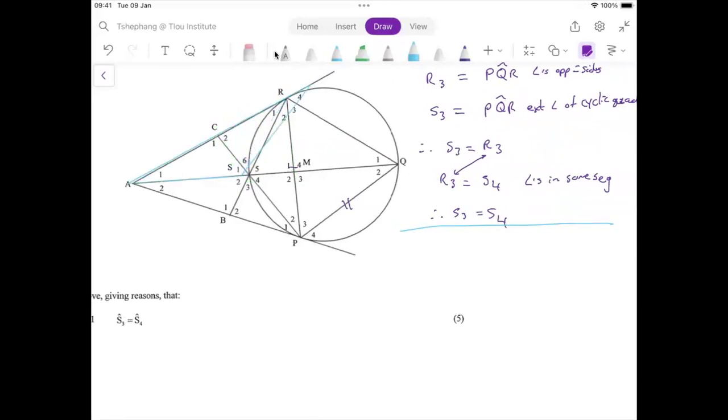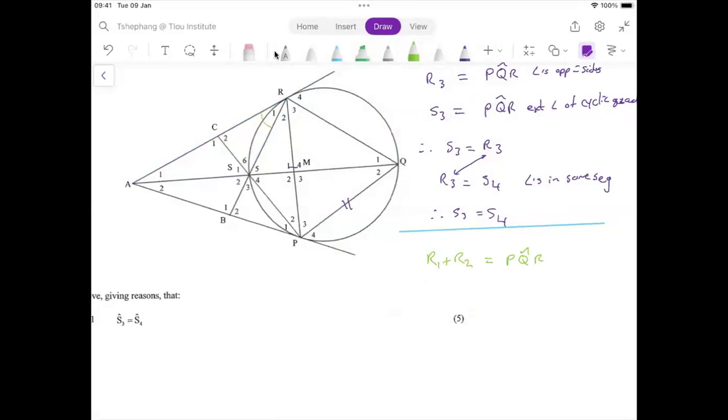So we can say that R1 plus R2 must be equal to PQR.